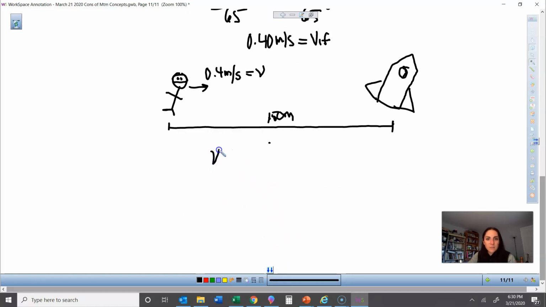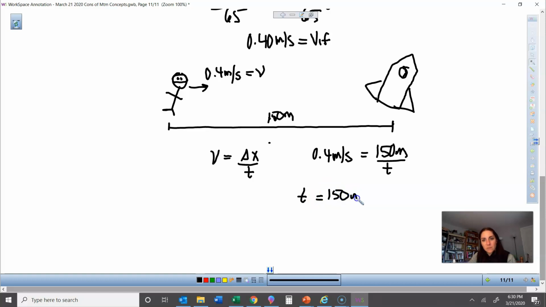So how long does it take? Well, if we're moving at a constant speed, then we could find our velocity as delta x over t. So 0.4 meters per second is equal to how far we went over t. t is going to be 150 meters divided by this. Remember the flippy. As long as they're in this order, you can switch them.